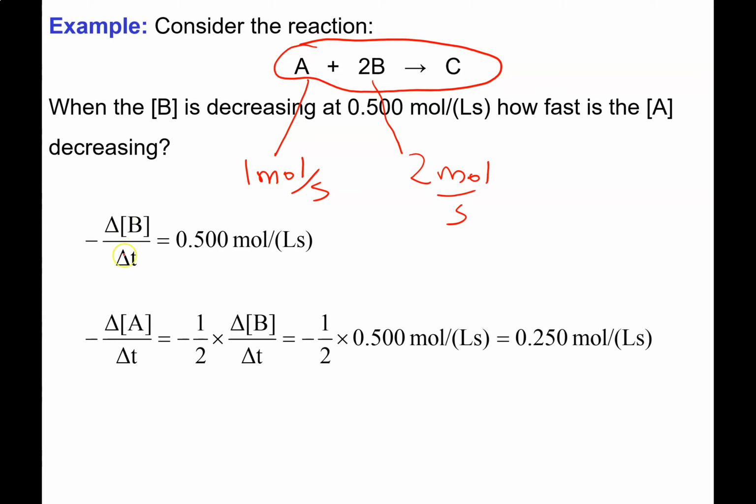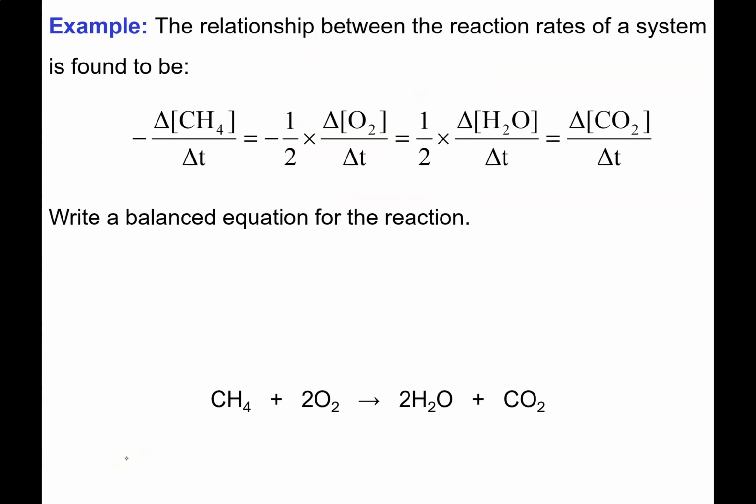So the rate of consumption of B is equal to 0.5 moles per liter per second. And then the rate of consumption of A, the coefficient there is just 1, so go back here.